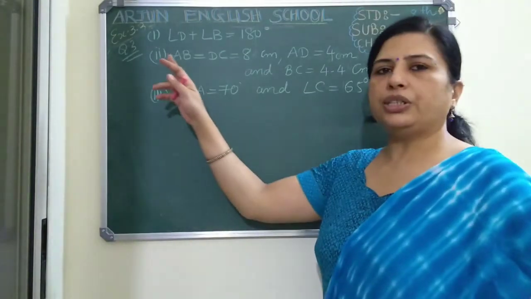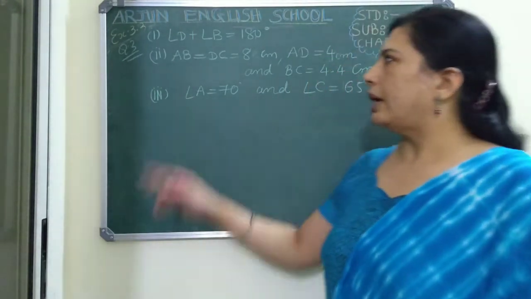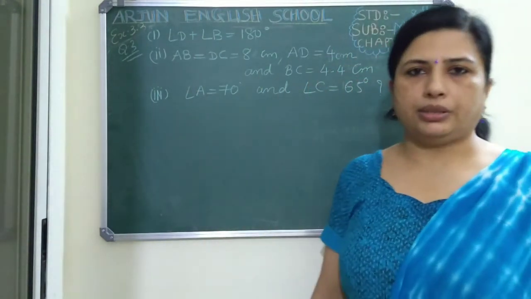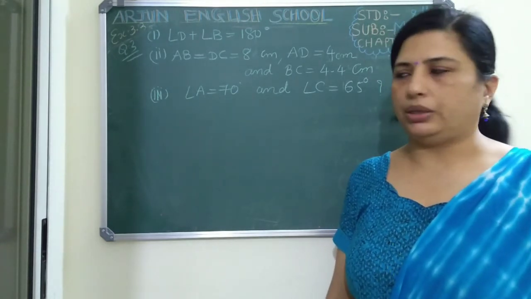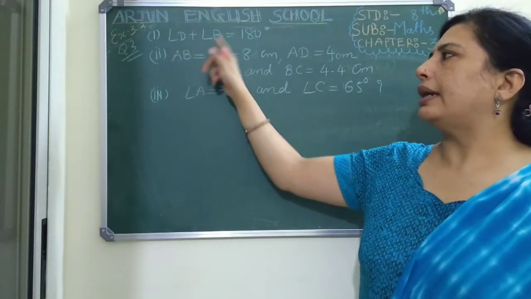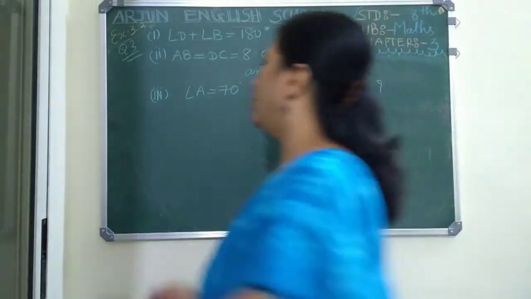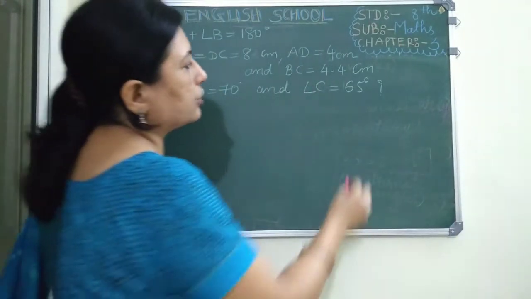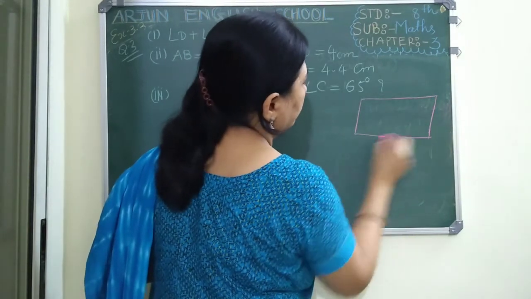Here in question number 3, we have to see according to these conditions whether we may draw a parallelogram or not. Here in this, angle D plus angle B is equal to 180. So first of all, let us draw a parallelogram ABCD.